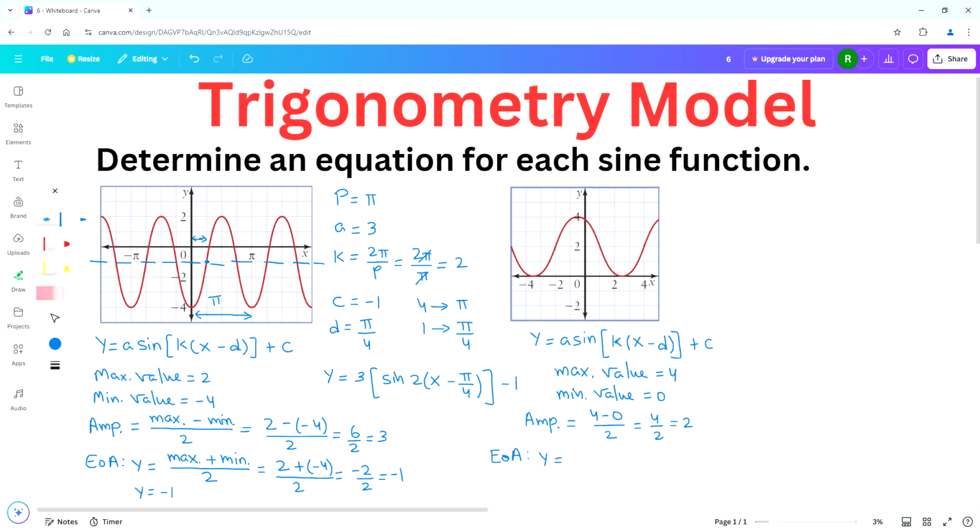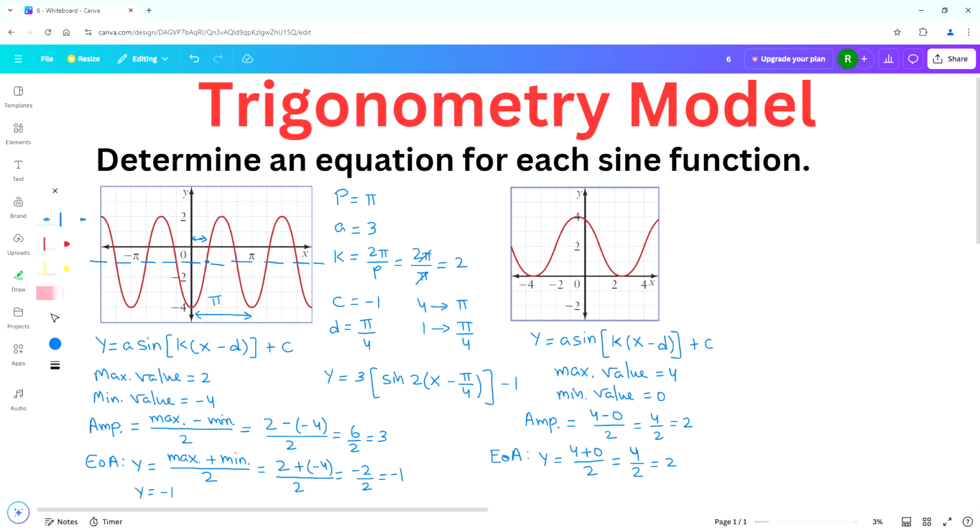The formula is maximum value plus minimum value divided by 2. Next, we can find the period for this function.